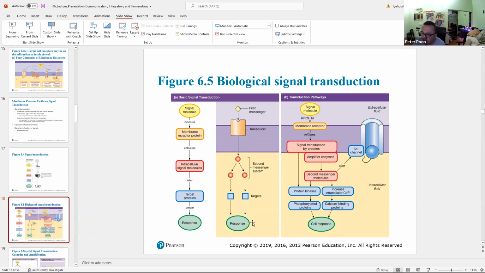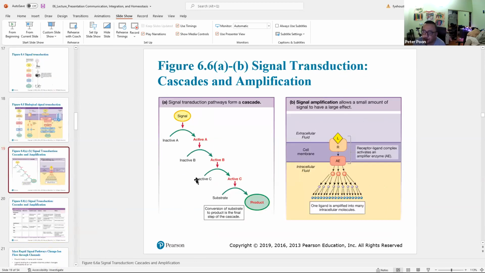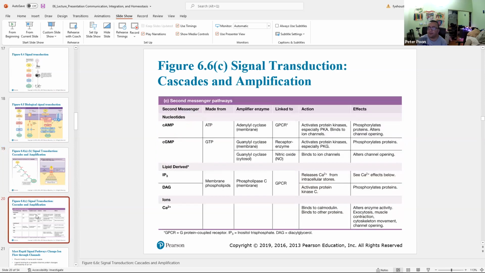So every step along the way, you actually amplify the signal. So 1 turns into 3, 3 turns into 9, 9 turns into 27, etc. But it's actually more than that.